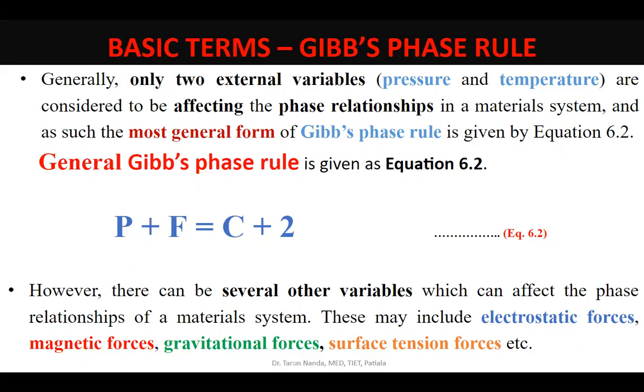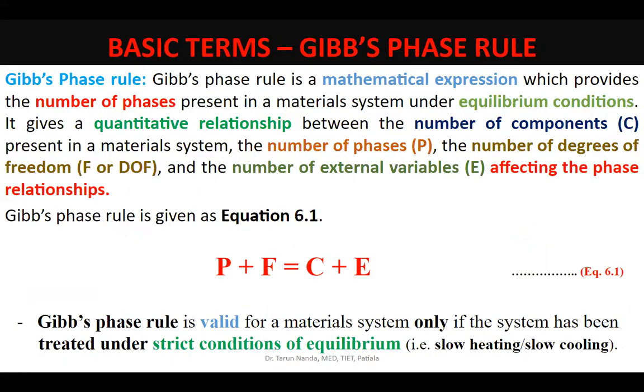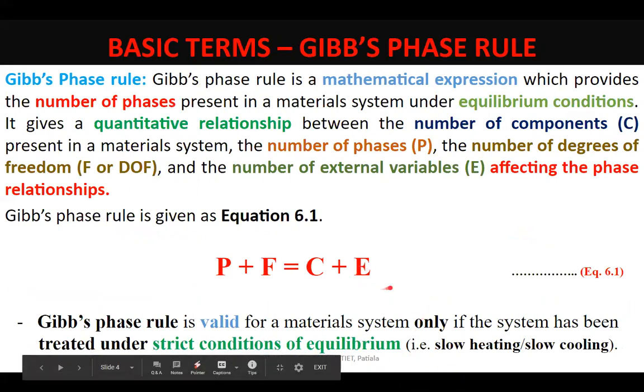In some cases, we'll see that even pressure would be kept constant. But most generally, the two external variables which would be affecting the phase relationships in a material system are pressure and temperature. So this E that was shown in the last slide, this E most generally would be 2.